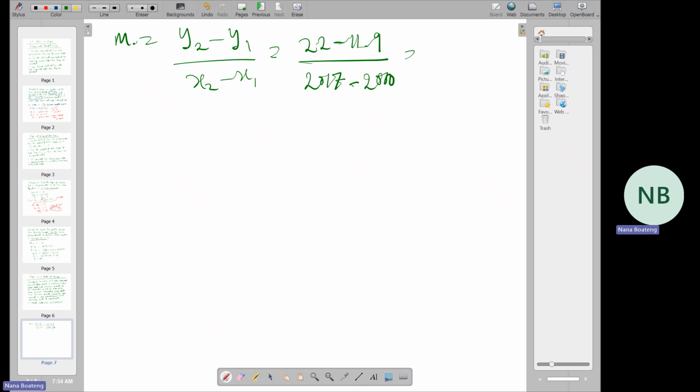And so this equals 10.1 divided by 17, which is approximately 0.59.